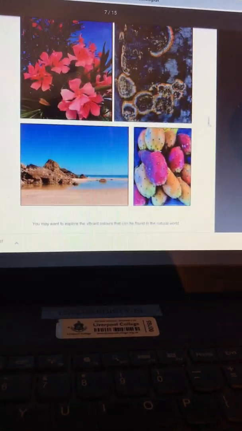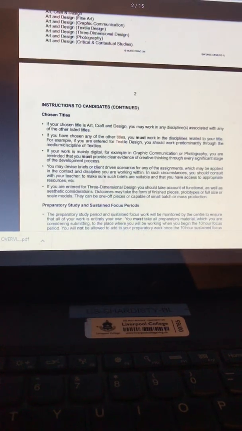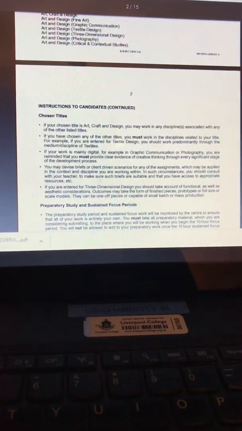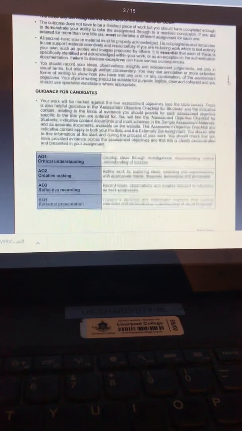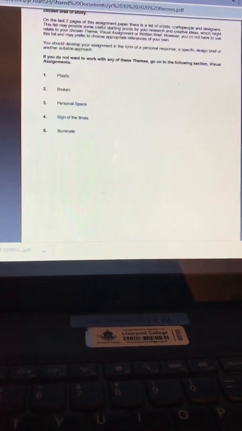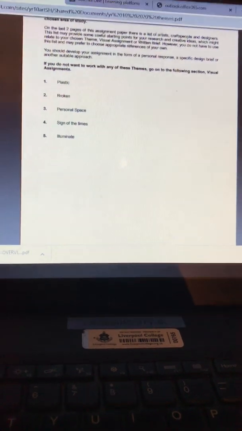And then at the beginning, we had the single word briefs, which is right at the start. Don't worry about the first few pages. They just instruct as if it's an exam paper. It's not an exam paper. We're just simply using this to help with the starting points for your project.